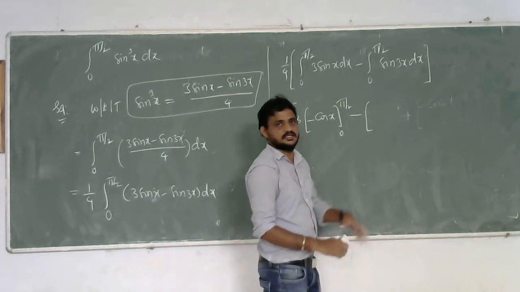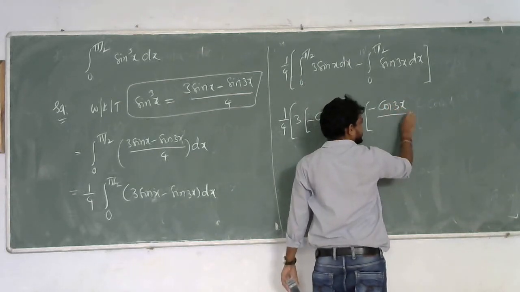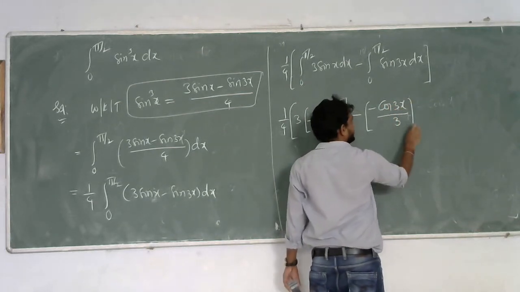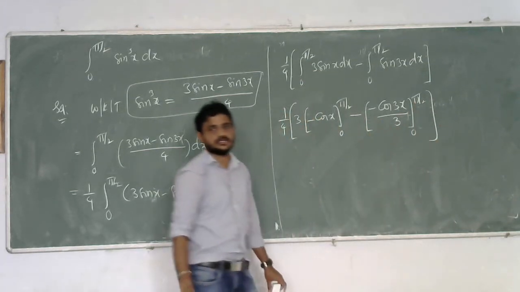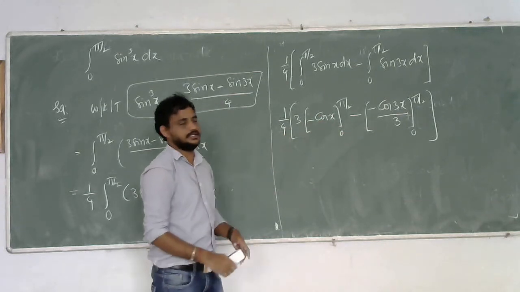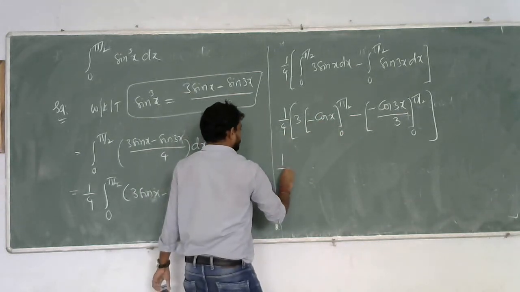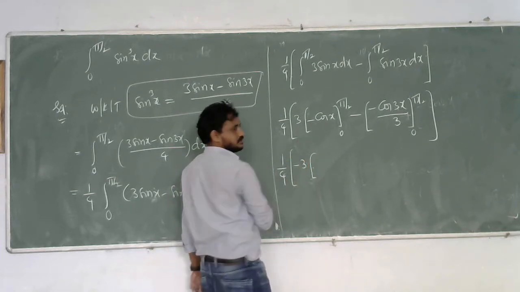So integration of sin 3x is minus cos 3x, and we have to write the 3 in the denominator, limits 0 to pi by 2. So integration of sin 3x is minus cos 3x by 3. Now write this minus outside, so minus 3.